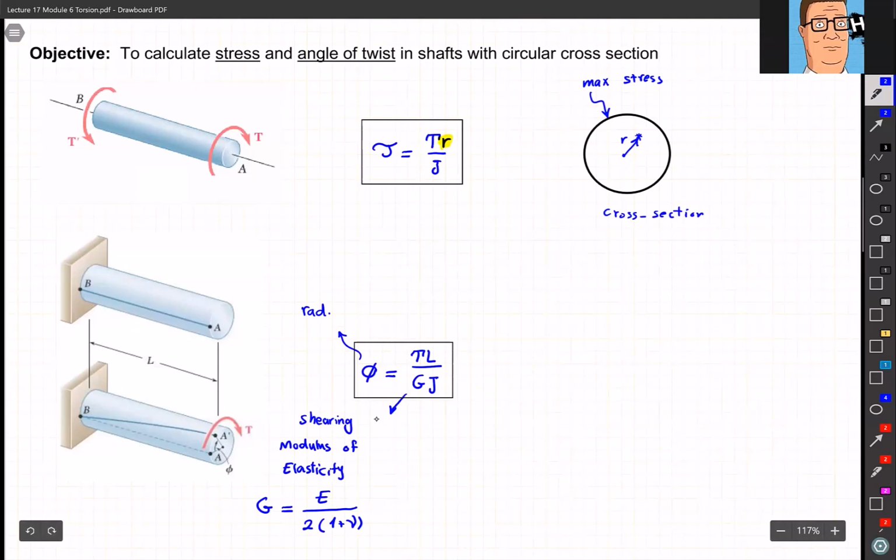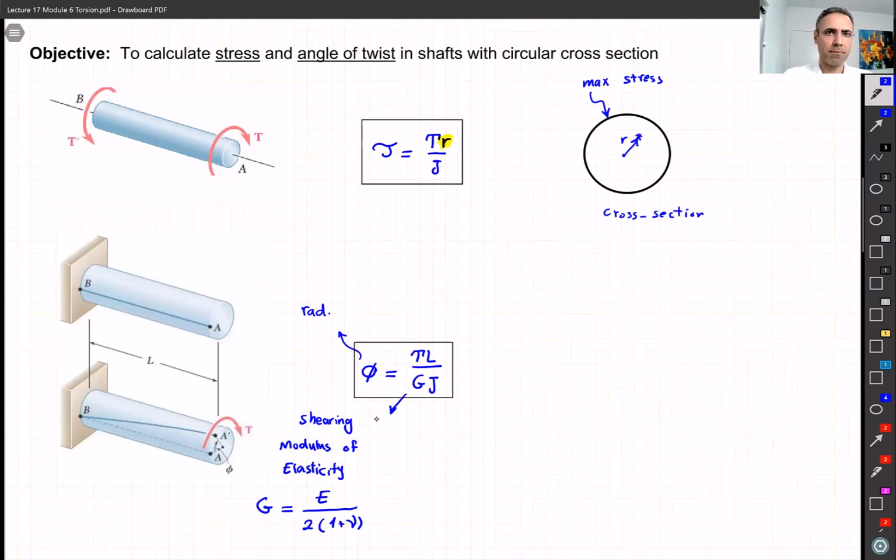All right. So if there is no question, then let's solve a couple of problems and see how we can put together these formulas. All right? And I just emphasize here, if let's say somebody wants to know stress in the middle of a shaft, like inside the shaft, which is rare, then we use that radius.